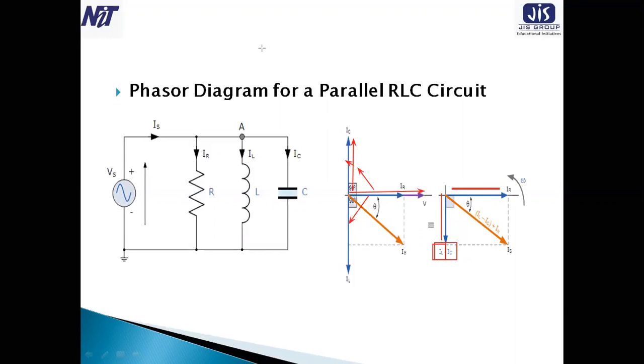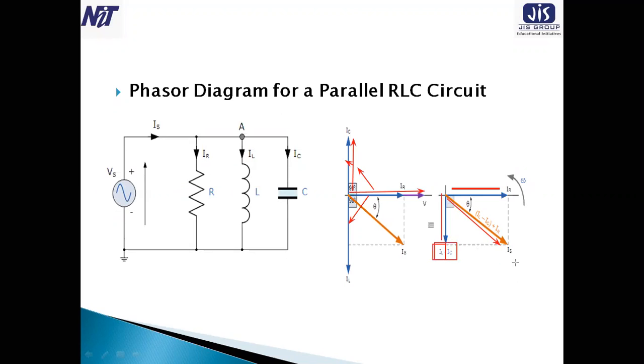So how can we draw the resultant current? We can draw it with the help of the IS phasor. It is the vector sum of IL minus IC and IR.